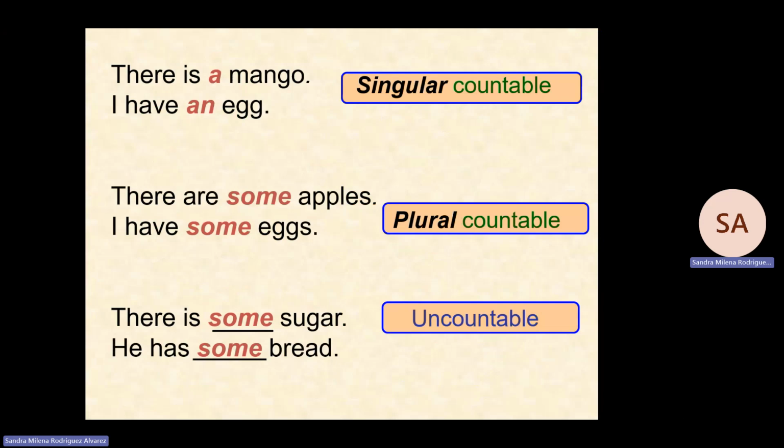First, we have to take into account, for example, I use a or an to talk about singular contables. Por ejemplo, un mango, un huevo. A mango, an egg. Okay.